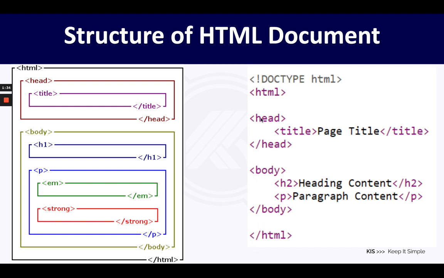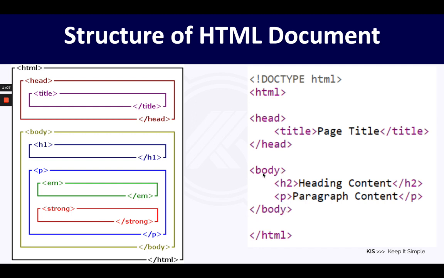Now remember that the head has an opening tag and a closing tag, and then within those you have the title. The title itself has an opening tag and a closing tag, and then you have the content, which is basically the title of the page. We're going to see how this shows up in the browser. And then you go to the body, you have the opening body tag, and then the closing body tag.